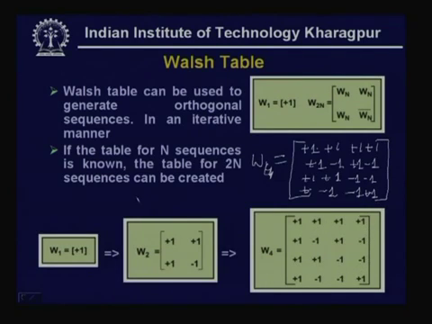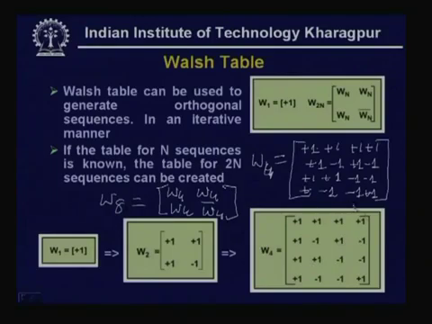Similarly, W8 can be generated. W8 will be equal to W4, W4, W4 and W4 bar. In this way you can generate the next bit sequences in an iterative manner. If the table for n sequences is known, the table for 2n sequences can be created, and it can be proved that these sequences satisfy the orthogonal property.